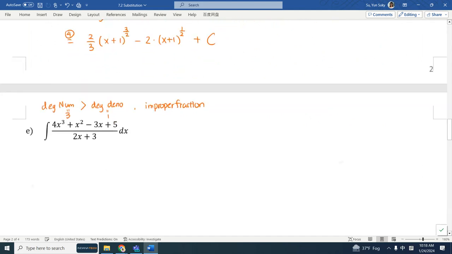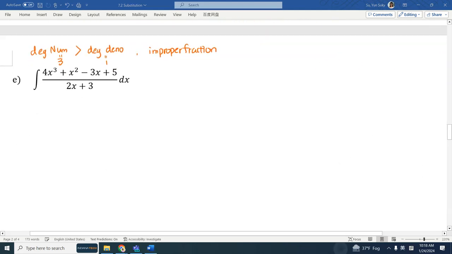When you see an improper fraction, you need long division. For example, let's do 35 divided by 4. This is an improper fraction because your numerator is bigger than the denominator.